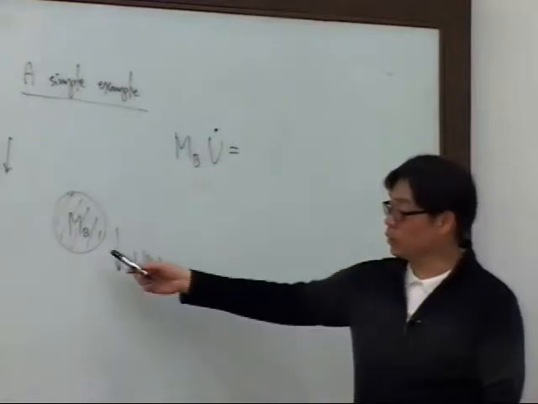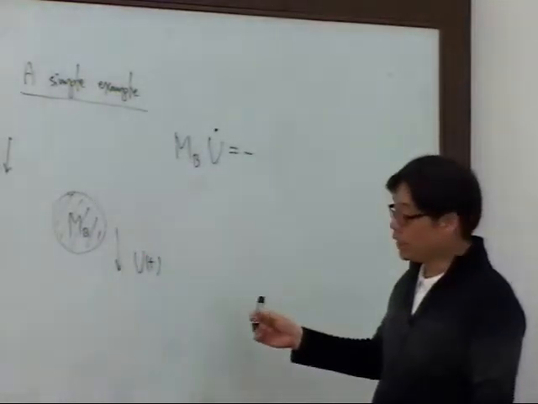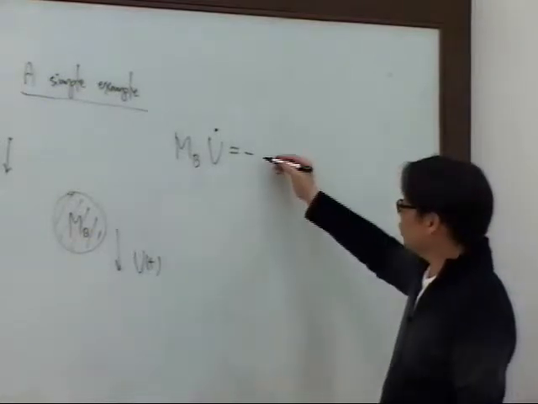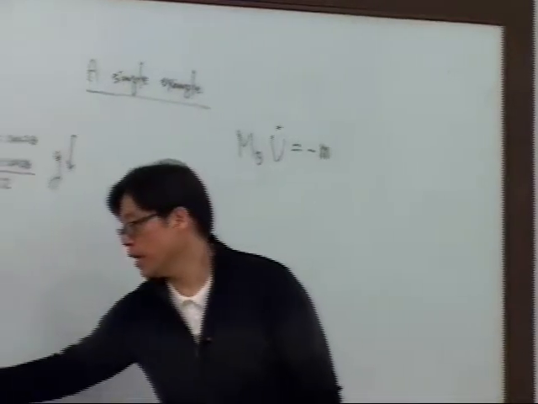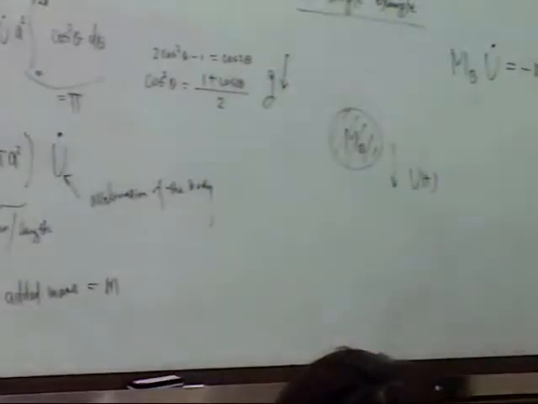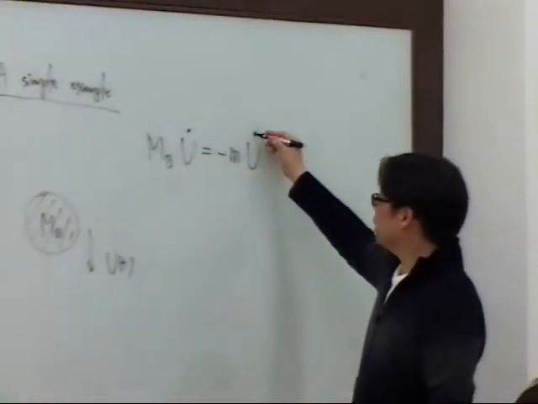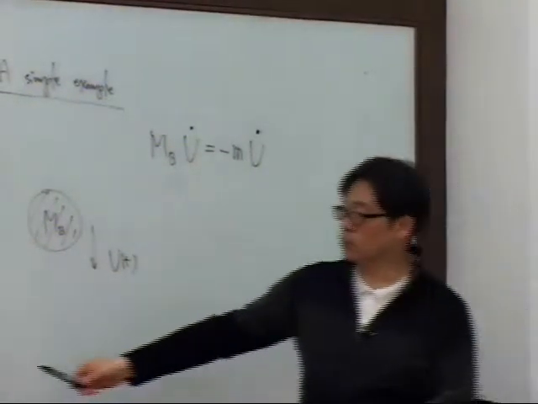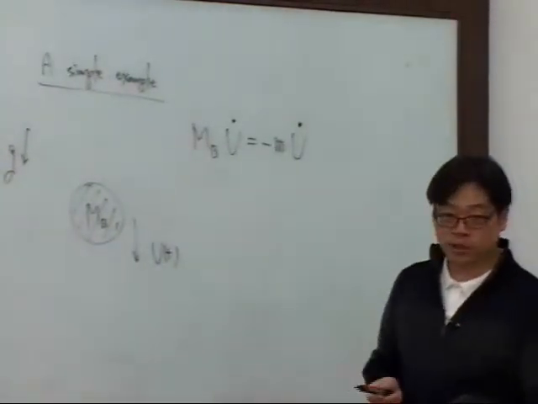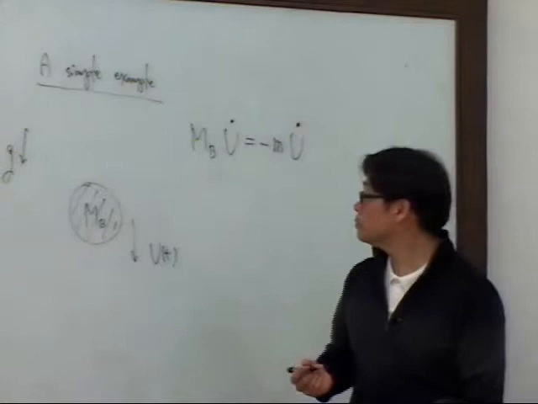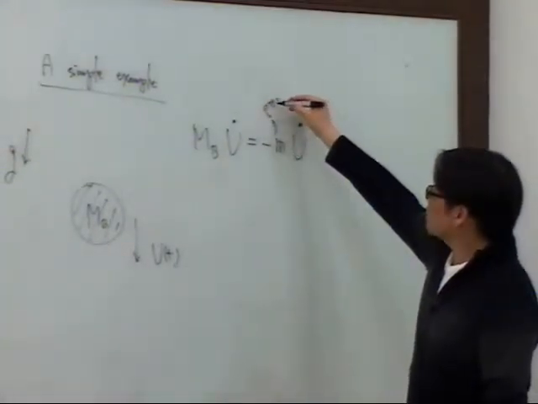And now we know what the added mass is. In terms of direction, it's negative. And then we write the added mass m, so let's call this small m, times u dot. If it is a circular cylinder, m is nothing but rho pi a squared. So this added mass is rho pi a squared.